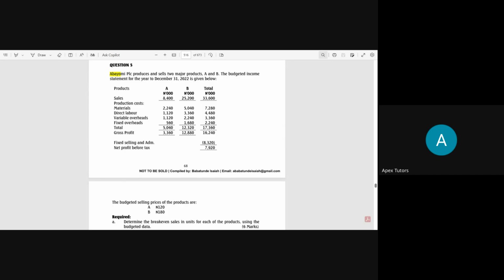You will know the number of units to sell to make this value of sales. Now, for B, the sales is what? 25,200, but you don't know the units, but you're given the selling price. How do you know the units? It is sales 25,200 divided by 180. You will know the total unit.